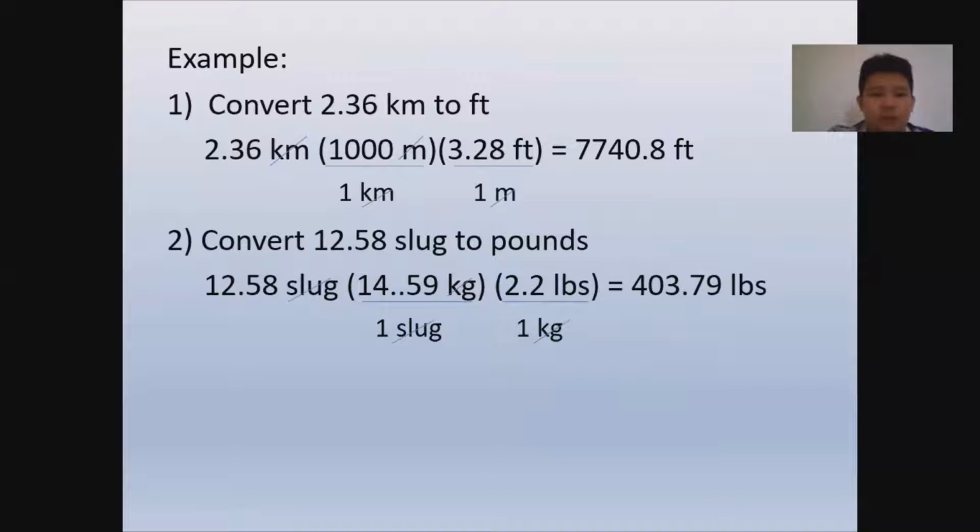Example number 1. Convert 2.36 kilometer to feet.